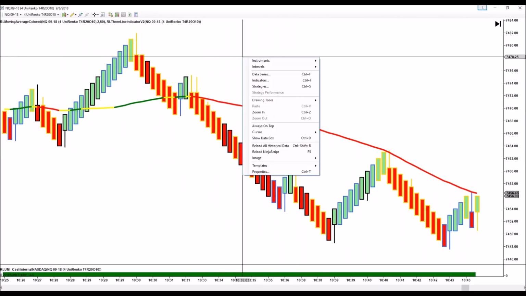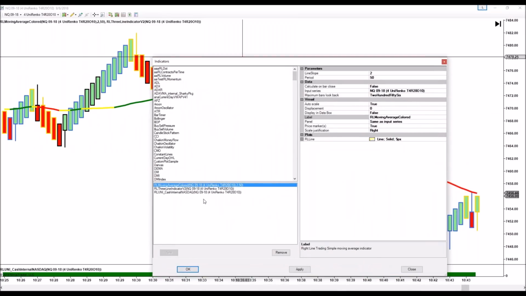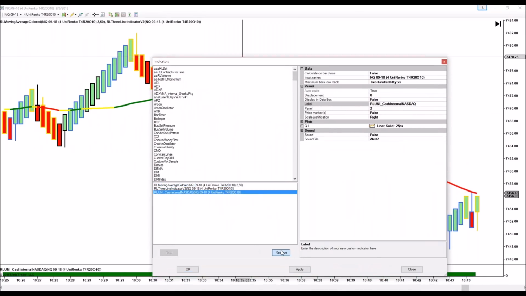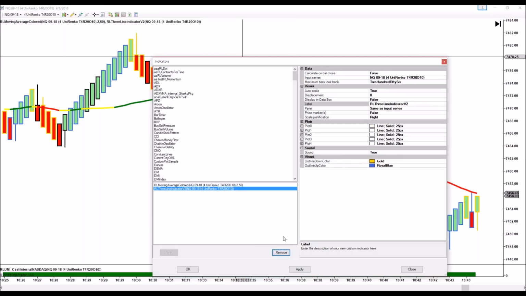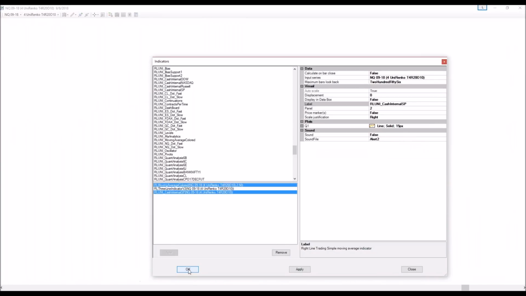I don't know why, but here's what I'm going to do. Here's the indicator. It's right here. It's the RL Uni Cash NASDAQ. We're going to remove it. And we're going to go to the RL Uni. We're going to go to the cash S&P 500. We're going to load it.